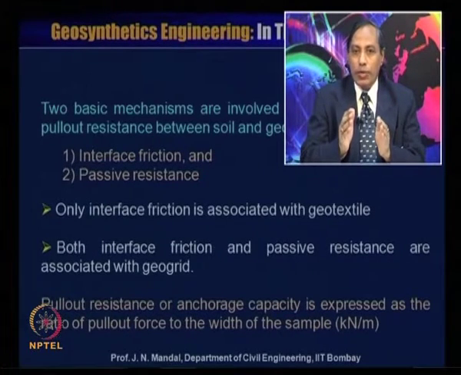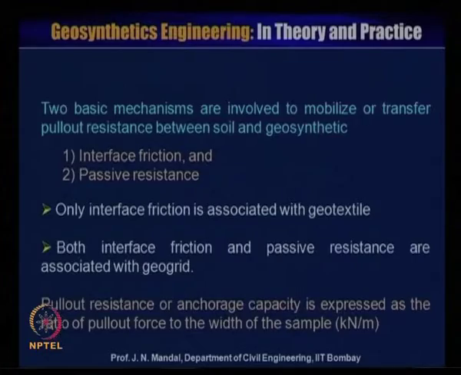Only interface friction is associated with geotextile or metallic strip or paraweb or friction tie, etc. Both interface friction and passive resistance are associated with geogrid. Pull out resistance and anchorage capacity is expressed as the ratio of pull out force to the width of the sample, that is kilonewton per meter.